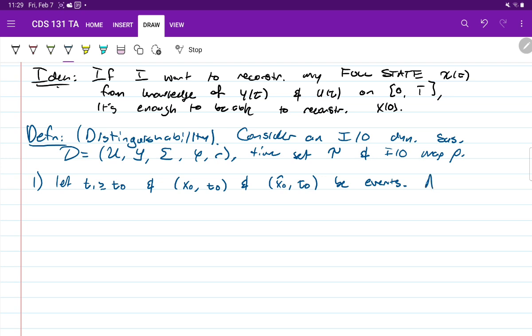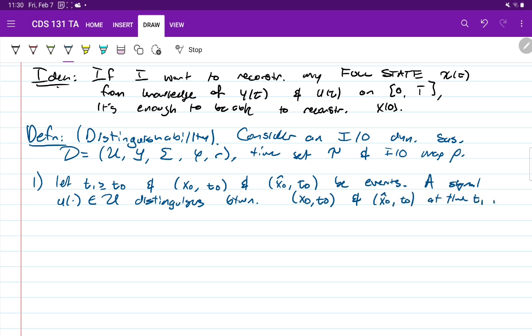All right, so I'll say that signal u, which belongs to my input signal space U, distinguishes between x0, t0 and x0 hat, t0 at time t1, simply if the values of the outputs are different at time t1.